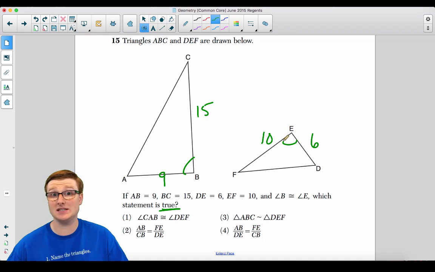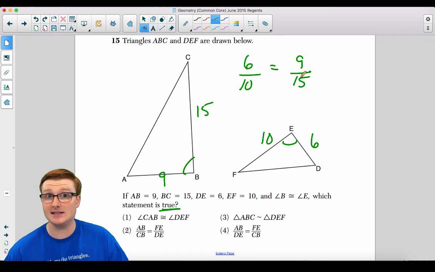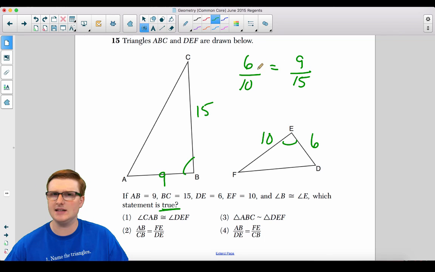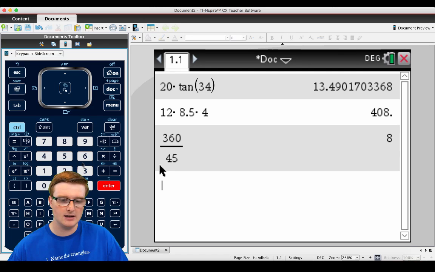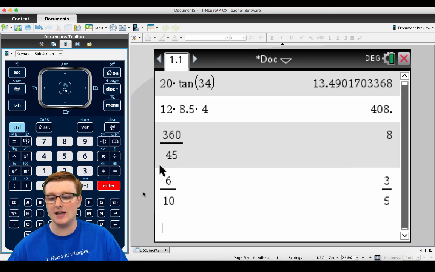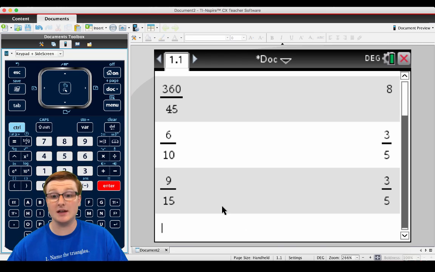So I am going to set these in proportion. Is 6 over 10 equal to 9 over 15? Is that the exact same fraction? And yes, it is, because if you plug 6/10 into your calculator, you get 3/5. And if you plug in 9/15, you also get 3/5.